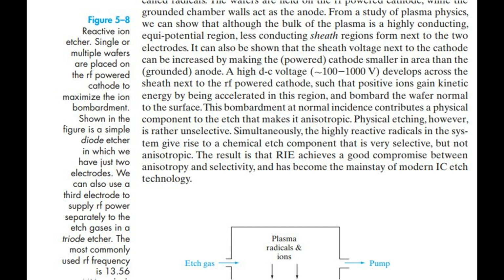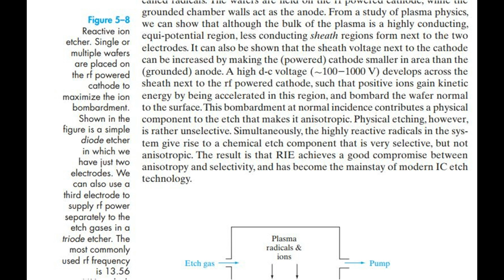From a study of plasma physics, we can show that although the bulk of the plasma is a highly conducting, equipotential region, less conducting sheath regions form next to the two electrodes. It can also be shown that the sheath voltage next to the cathode can be increased by making the powered cathode smaller in area than the grounded anode.